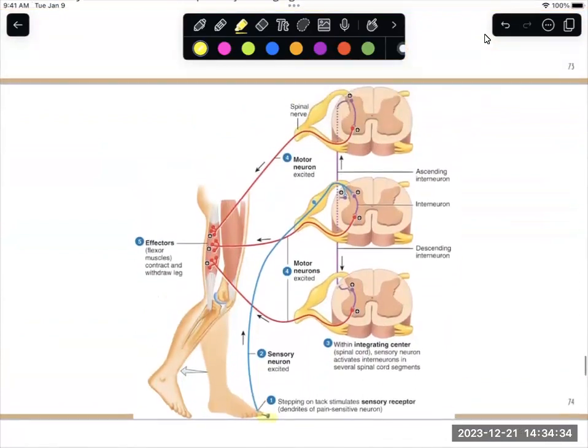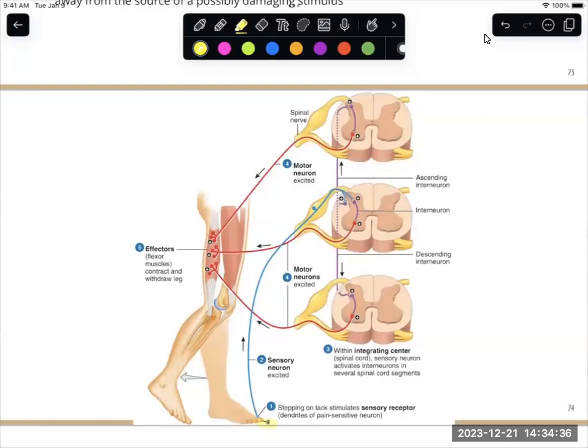So in this flexor reflex, this sensory neuron is sending this information up into the spinal cord at that specific spinal level that was stimulated. We go to this interneuron, which is now going to send information up or down that spinal cord because we need to activate the correct muscles at the correct levels so this person can move their foot away from that nail they just stepped on.